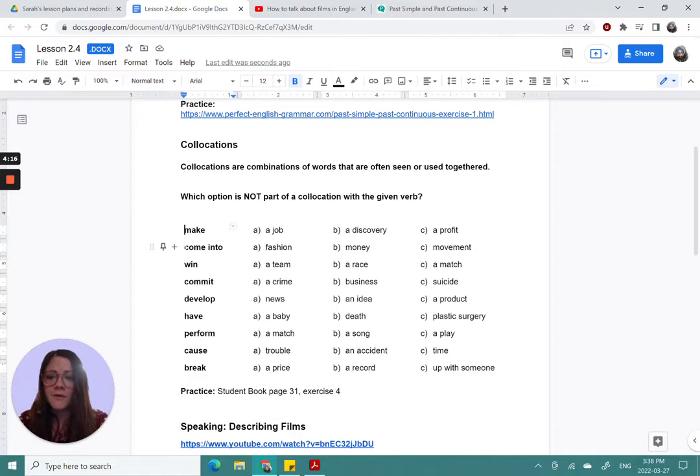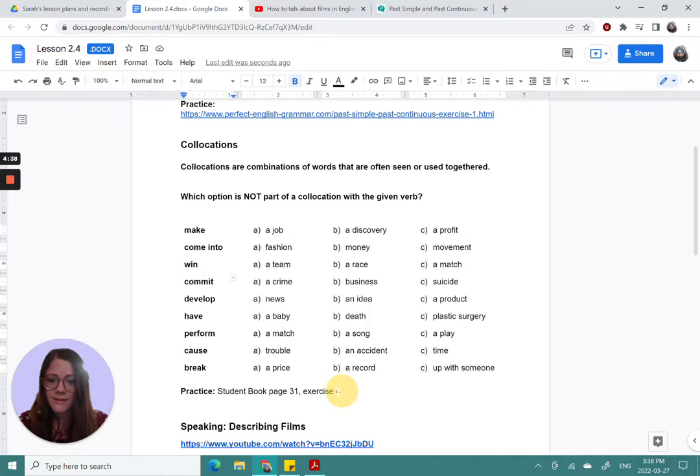So you can do the rest of them: which one is not part of a collocation with come into or win, commit, develop, make, have, and so on.